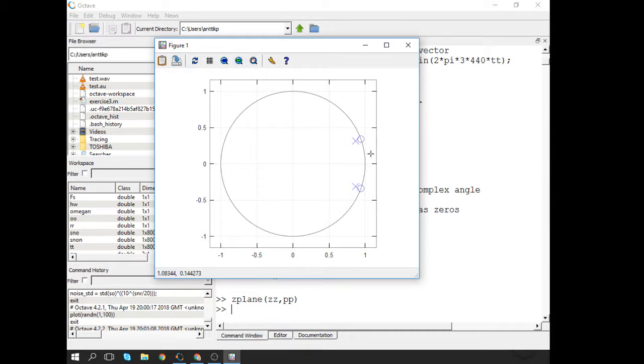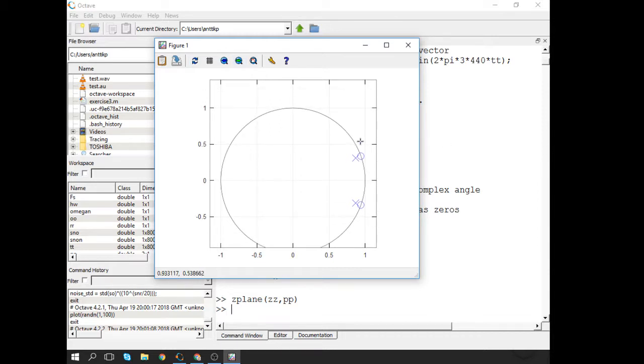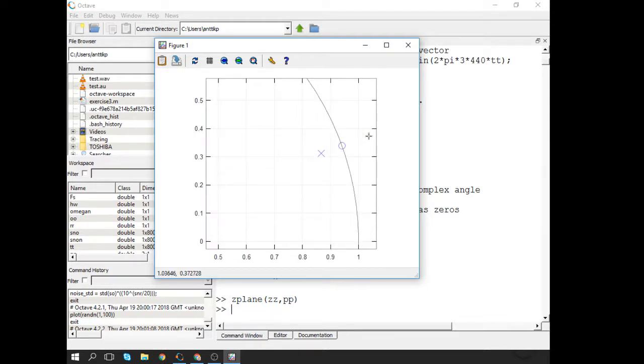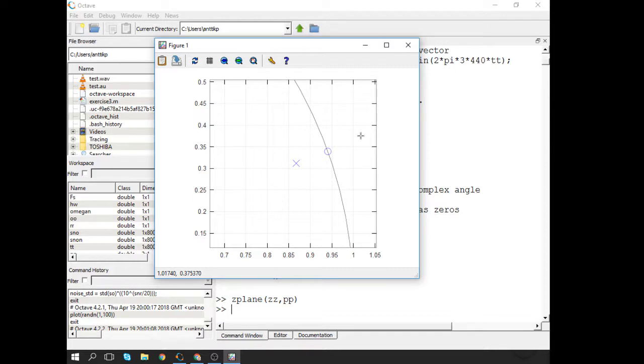Can I zoom this? Yes, I can zoom. All right, so same angle, and that distance is actually directly proportional to our half width.